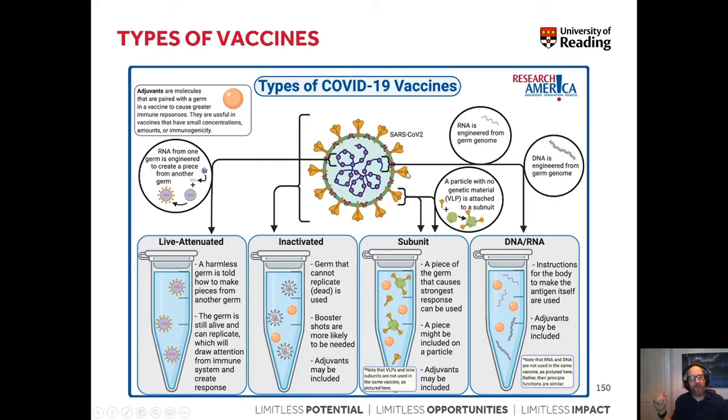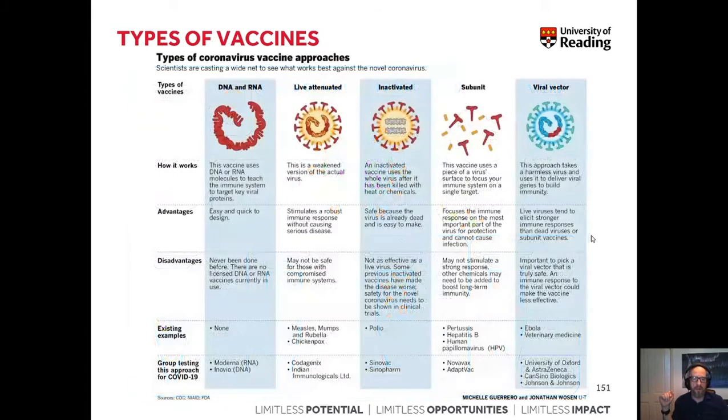There are also approaches to develop vaccines based on inactivated forms of the virus, and lastly, there are also vaccine strategies based on delivery of subunits, more specifically the spike protein, and DNA and RNA-based approaches to COVID vaccination.